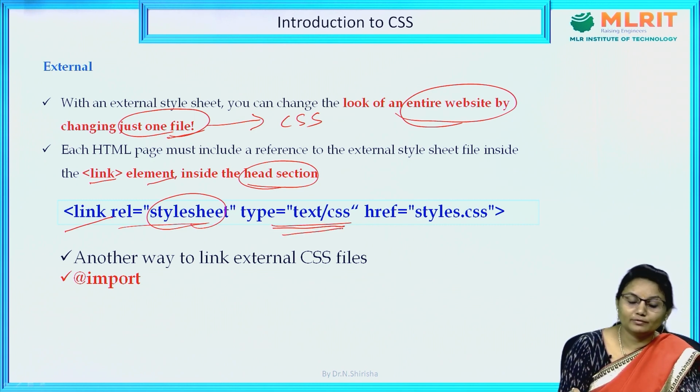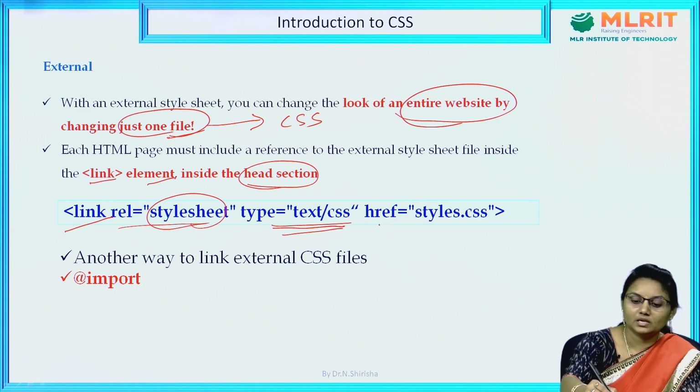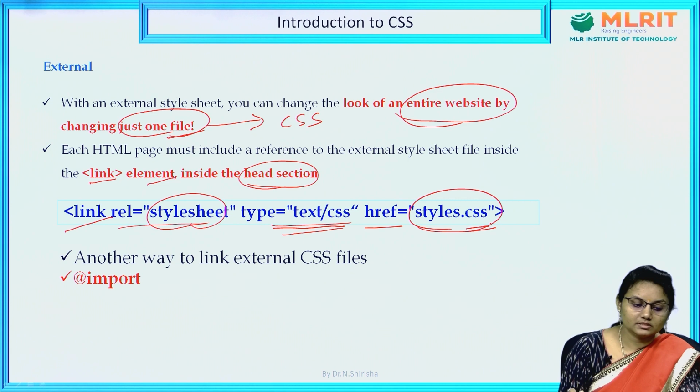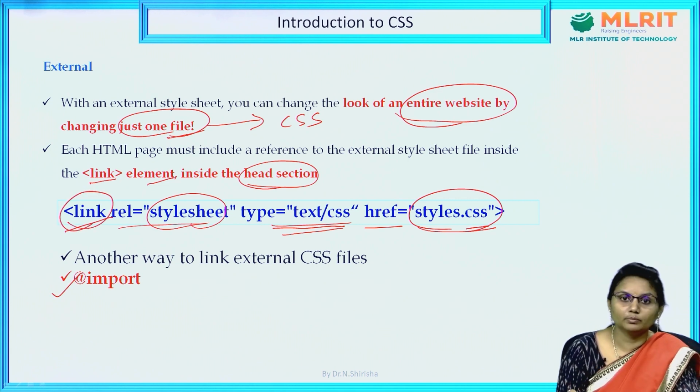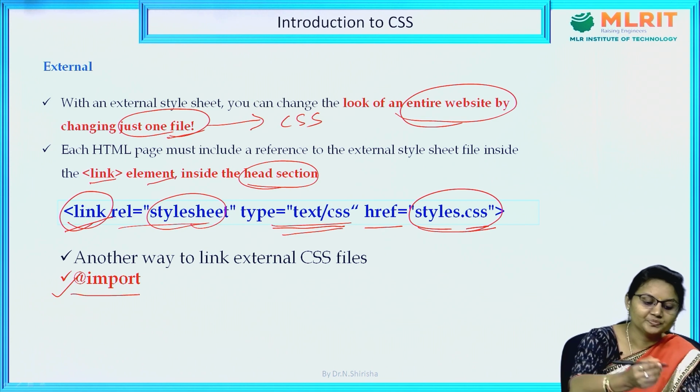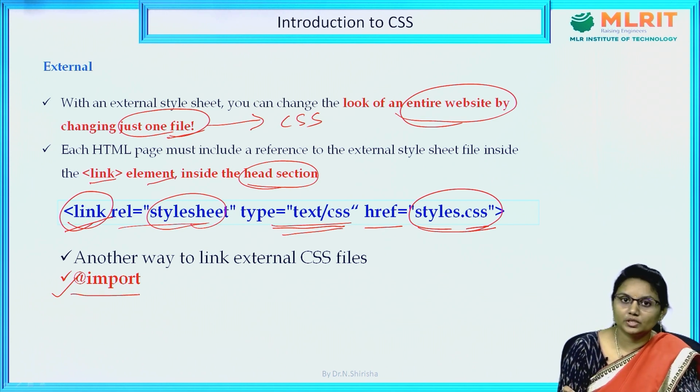By default you have to give type equals text/css, and href is the reference file that you want to give for your HTML. So this is the CSS file that you are going to refer: styles.css. This is one way, using the link, or the other way is using @import. @import is the keyword that you have to give for importing your style sheet.